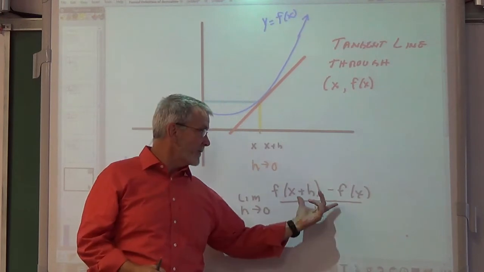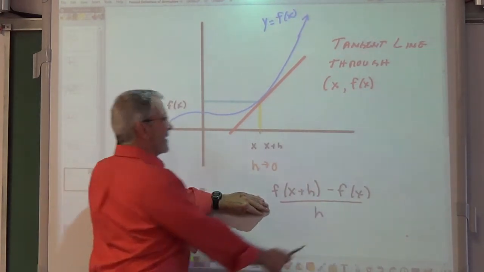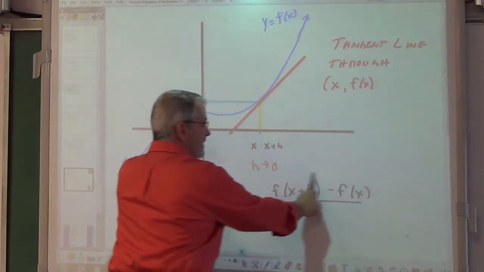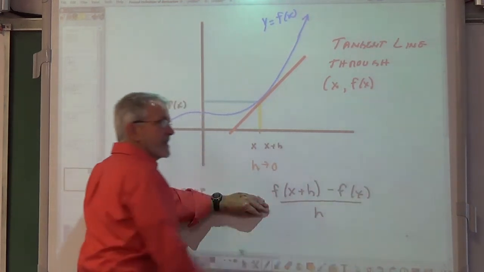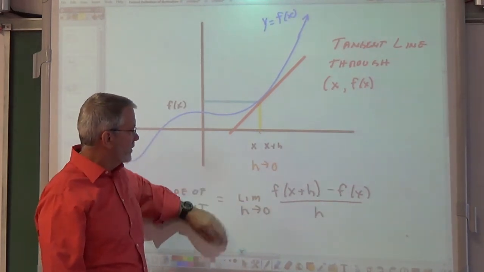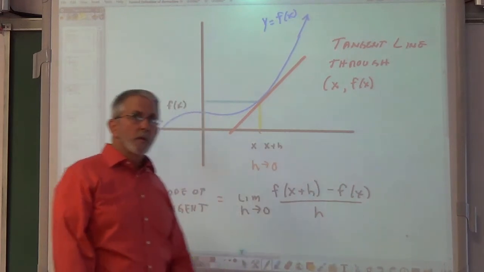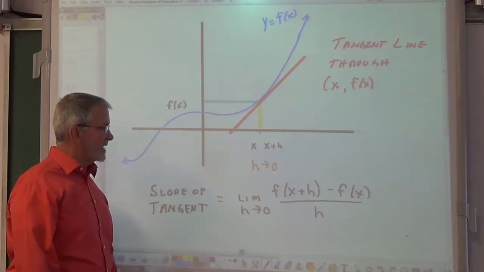And so when I notice that this is my difference quotient, this is the pre-calculus difference quotient. It's also the slope of a secant line. But as soon as I allow h to go to 0 and take the limit as h goes to 0, we can define that to be the slope of the tangent line.